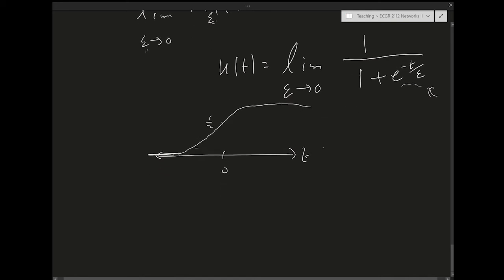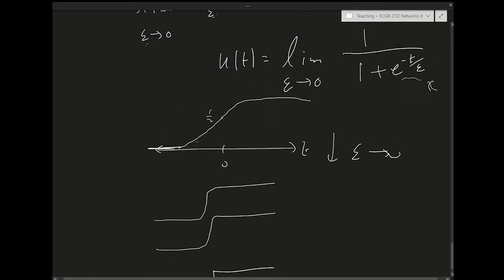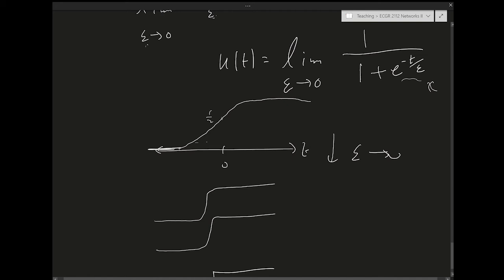As epsilon approaches 0, the function gets narrower and narrower until, at the limit, we get this function. So this is a family of functions that look like this.